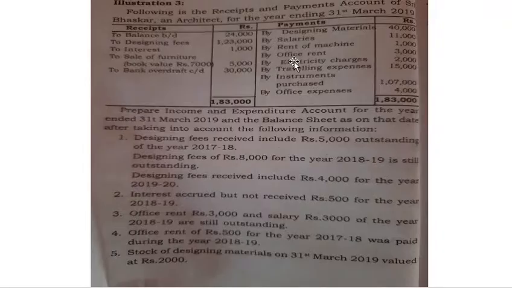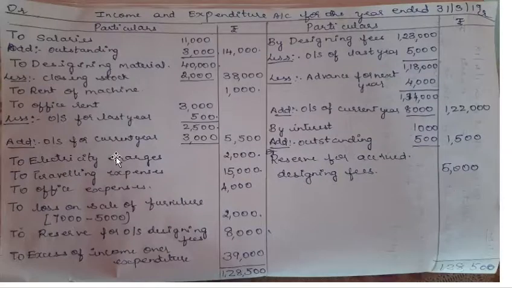Next, office rent 3,000. Is there any outstanding? Yes, there is outstanding of 3,000 of this year. So add outstanding office rent. Last year's office rent is there.